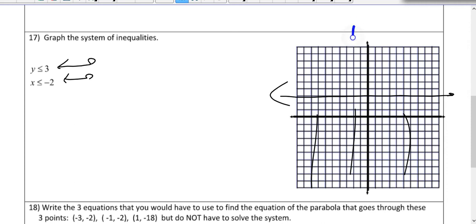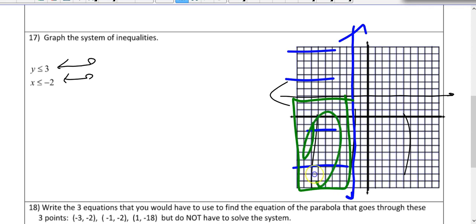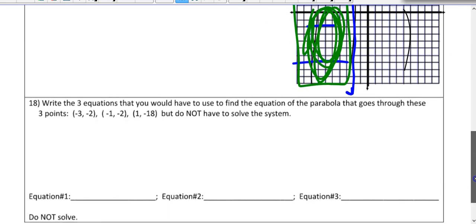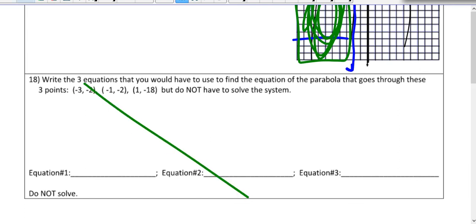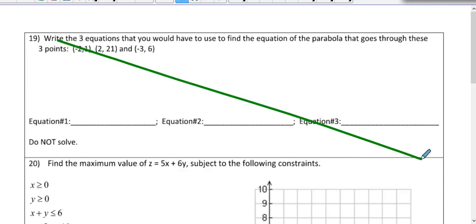That is a vertical line. Less than this way. Where is the overlap? Rectangular area. We're not doing 18. We're not doing 19.